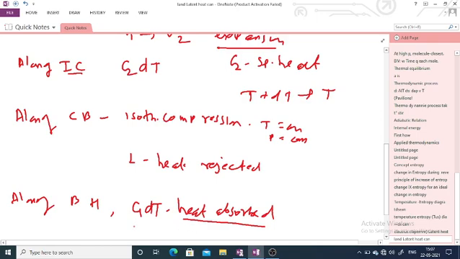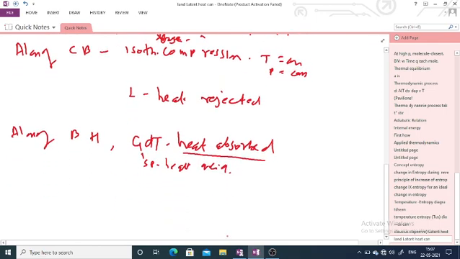C1 is the specific heat of the liquid in contact with the vapor state, and here C2 is the specific heat of the vapor. So we get C1 dT. The temperature will increase because heat is absorbed, so T increases to T plus dT, and the pressure also increases.